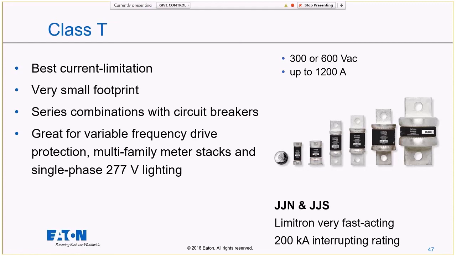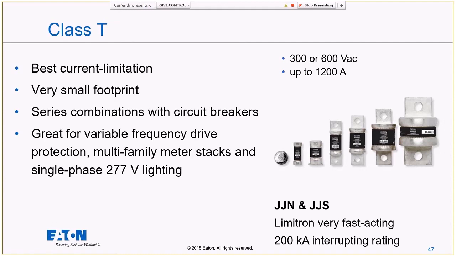The other thing with Class T fuses is they have a 300 volt or 600 volt rating. If you remember, the other ones were 250. Those 300 volt fuses work very, very well in any sort of single phase 277 volt applications. There's a good amount of single phase 277 volt lighting out there, and we can use the 300 volt fuse here, and that's a lot less expensive than having to go up to a 600 volt fuse in one of the other families.